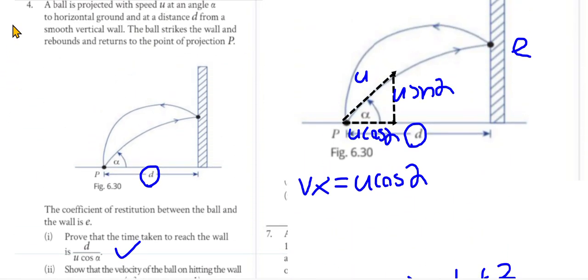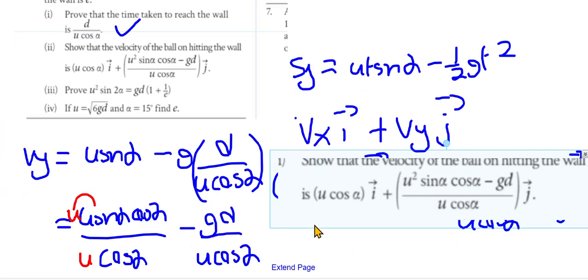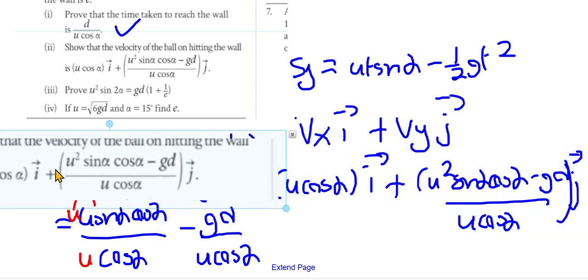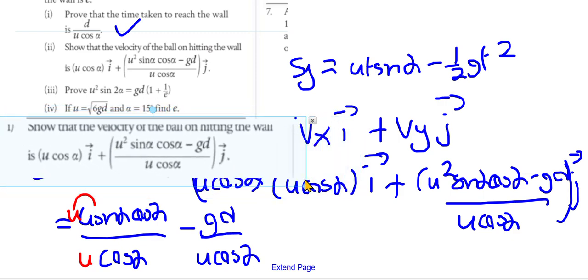The ball strikes the wall and rebounds. It doesn't say it strikes horizontally. So, in this particular question, what's going on is the following. I have my value here. Okay, that's it there.